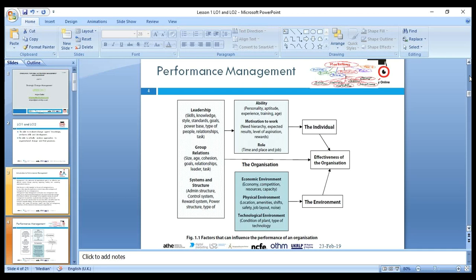Leadership, skills, knowledge, style, standards, goals, power-based types of people, and relationship tasks. We need leadership. What is the difference between managers and leaders? Any thought? Yes, anybody?